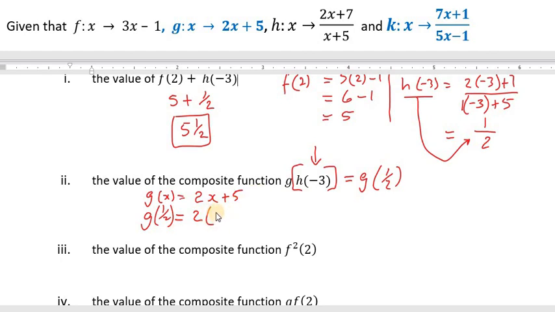And so it's going to be 2 times a half plus 5. Now how do we work out 2 times a half? This really means half of 2, and half of 2 is 1, plus 5 gives us 6.